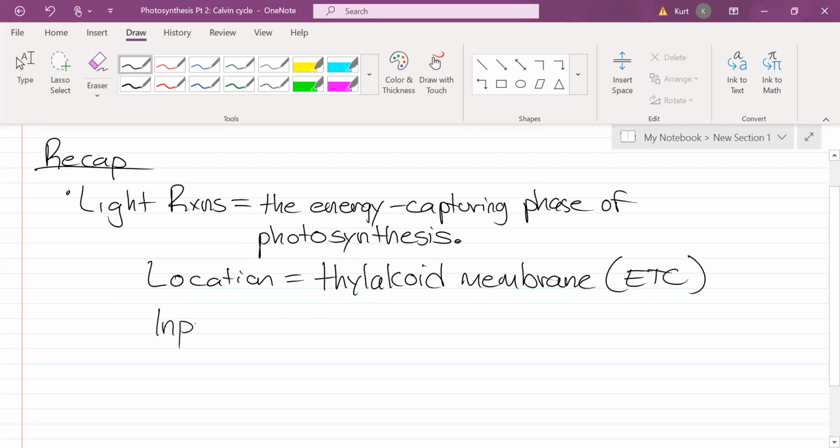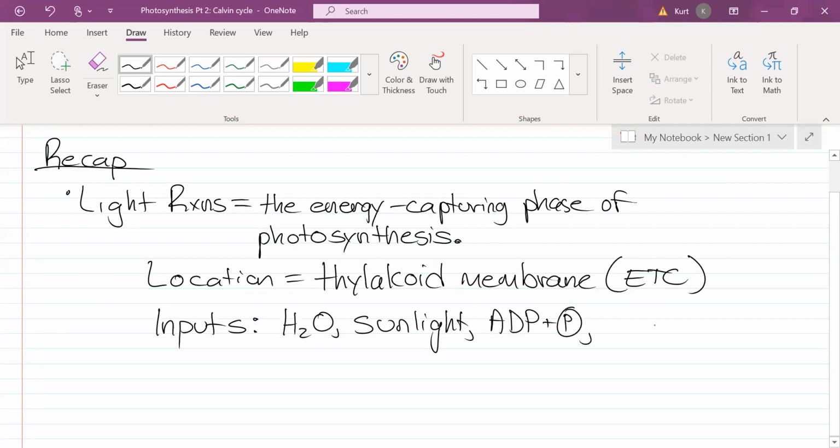The inputs, the reactants, what you need, it's going to be water, sunlight, ADP with an inorganic phosphate. They're not attached yet. And NADP+, that is your electron carrier in its oxidized form.